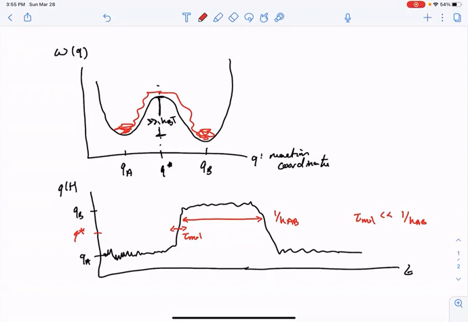So this is what we mean by a rare event, and specifically a reaction being a rare event. It's not that a reaction takes a long time to occur because the atoms and molecules move slowly as they transition between A and B, but rather the probability per time that they transition is small.